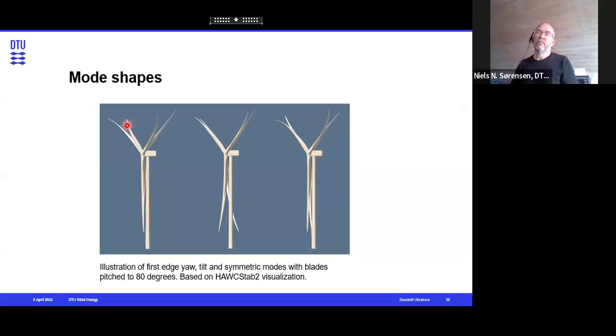The typical critical ones we see are the 3 edgewise modes, the yaw mode, where the turbine is vibrating around a vertical line in a yaw-like pattern, the tilt mode, where it's tilting around the nacelle, and then a symmetric mode where all blades are in phase, all vibrating in the edgewise direction.